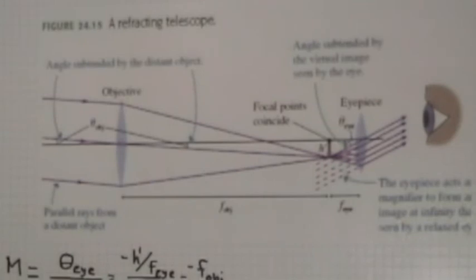If one of them has a focal length 2 times bigger than the other one, then the big one will have to be the objective and the smaller one will have to be the eyepiece, and the ratio between those 2 focal lengths would tell you how much bigger is the image that you can get with that telescope. For a microscope, that's not an issue. With a microscope you can have 2 focal lengths that are the same and that still magnifies. It's just because of the setup being different.